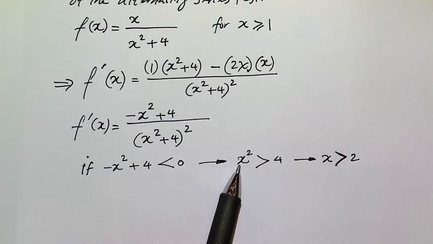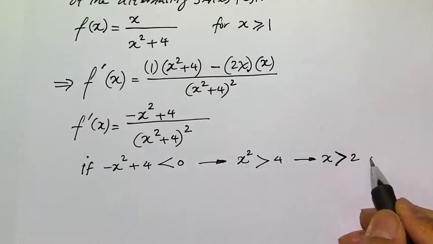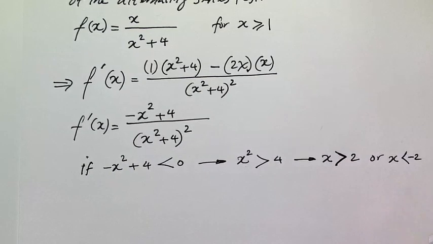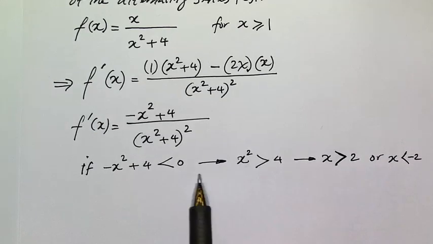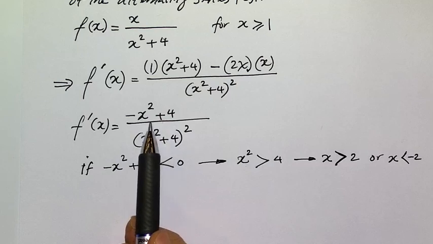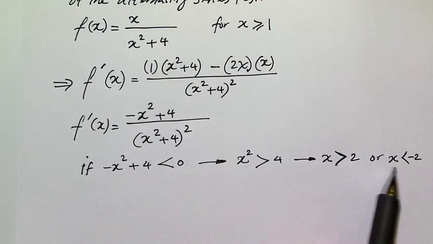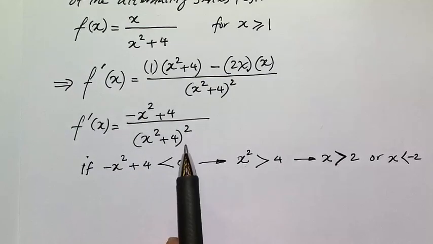For these two conditions, the numerator will be negative, so the first derivative will be negative.